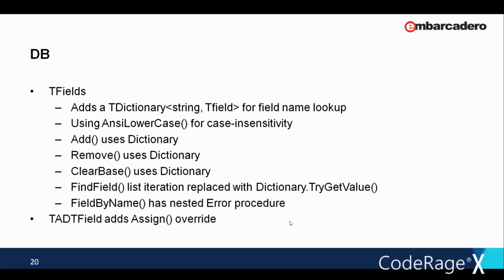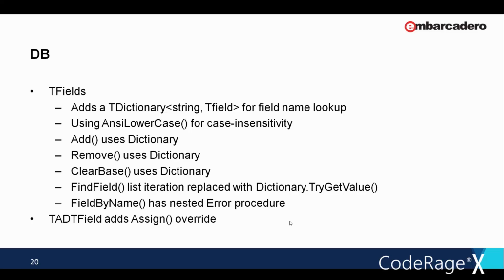And that dictionary index is used for add, remove, clear base. Find field has a list iteration that's replaced with a dictionary try get value. So that's probably going to be the most significant one. If I have time, I will show a demo of that.